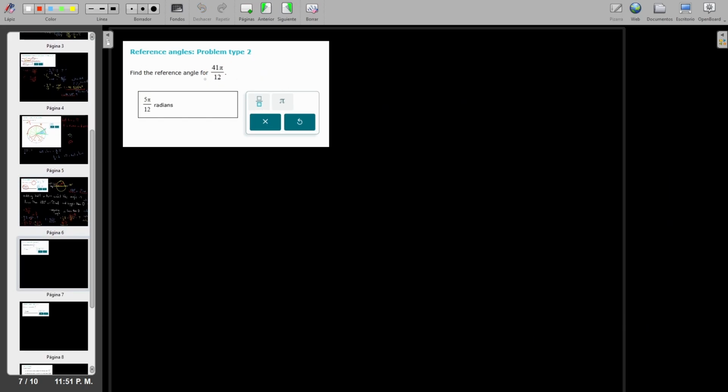Now, another one. Again, we're using radians, and we're going to be solving. In this case, we have 41 over 12 pi. Is it bigger or less than pi?